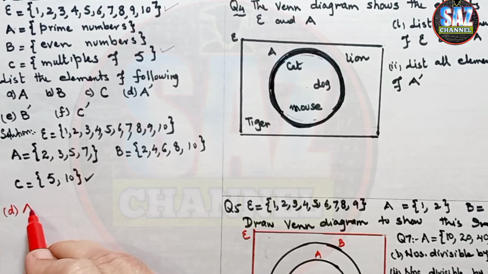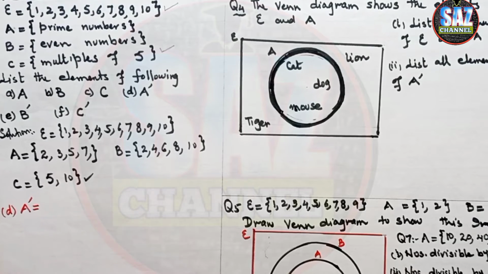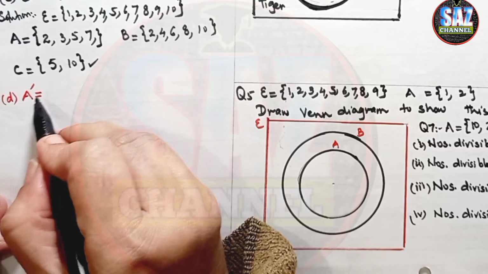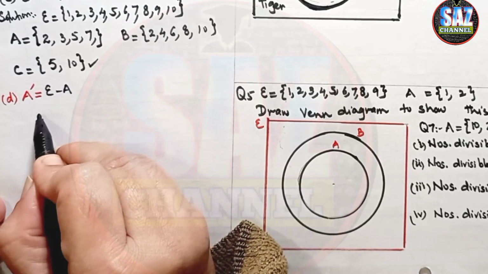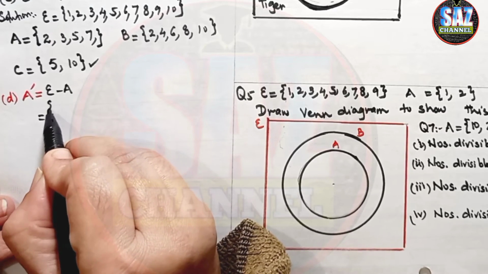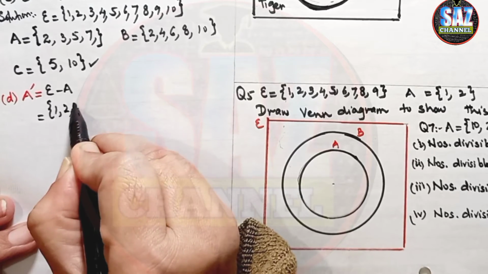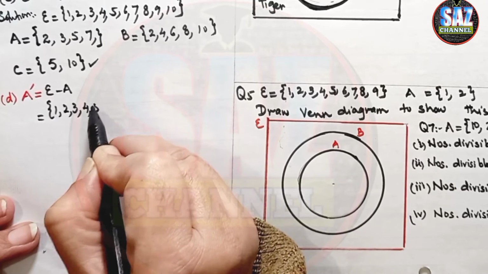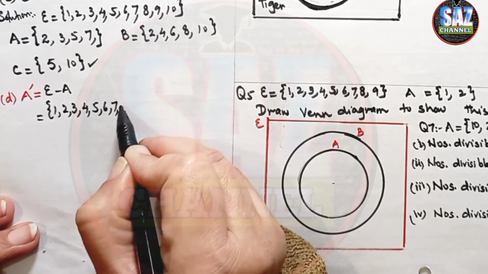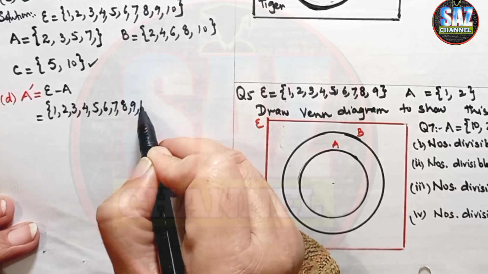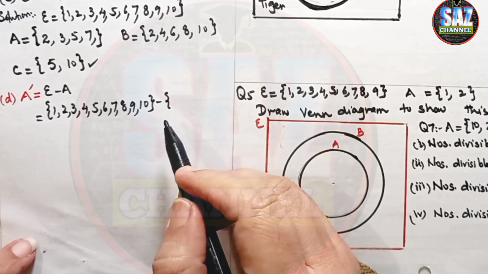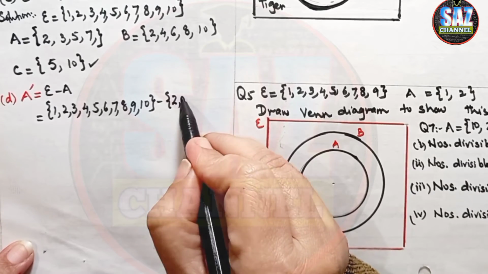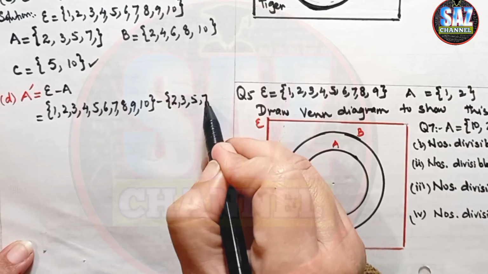So A complement, it's always good to write the formula so that the examiner can understand the working easily. The formula for A complement is universal minus A. And now universal is consisting of the numbers 1, 2, 3, 4, 5, 6, 7, 8, 9, and 10 minus A. Set A is containing prime numbers, so 2, 3, 5, and 7.